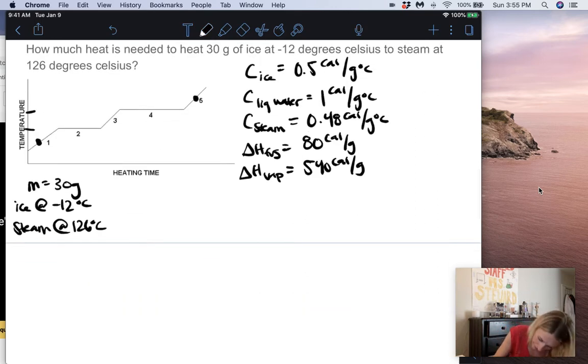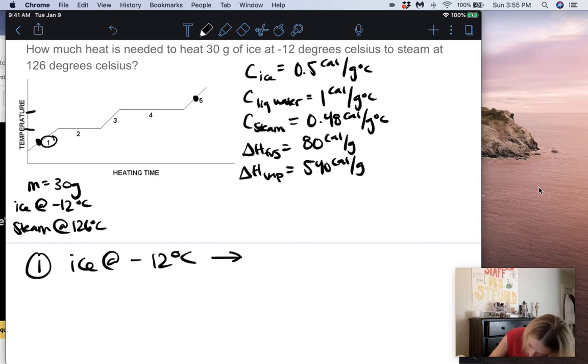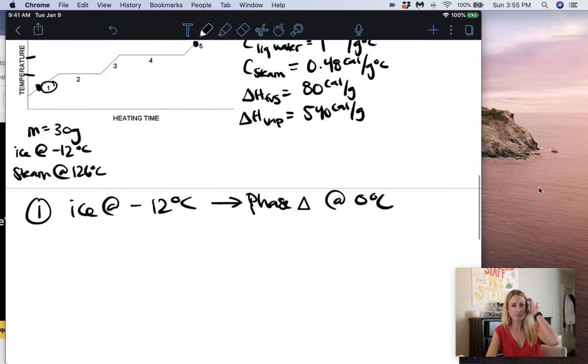So we'll call the first equation, we're going to call that number 1 to go with that number 1 on that heating curve. And here we're going from ice at negative 12 degrees Celsius to the phase change. So ice to liquid, I'll just say phase change at 0 degrees Celsius, okay? So remember that delta means change, so that's why I wrote delta.